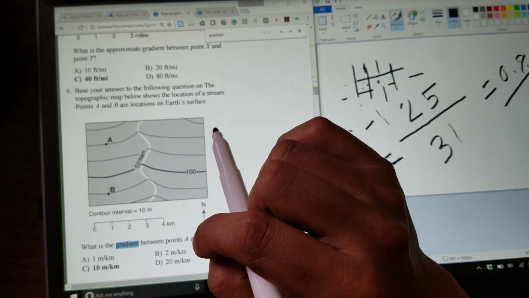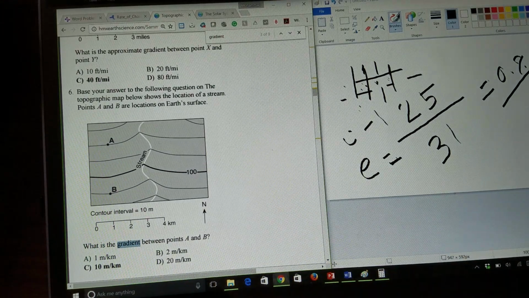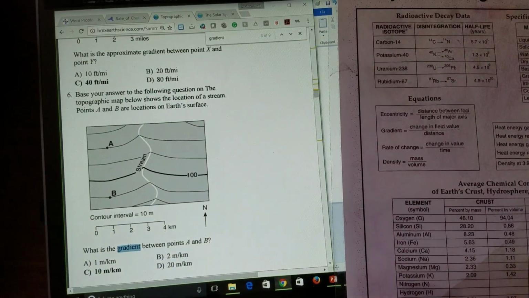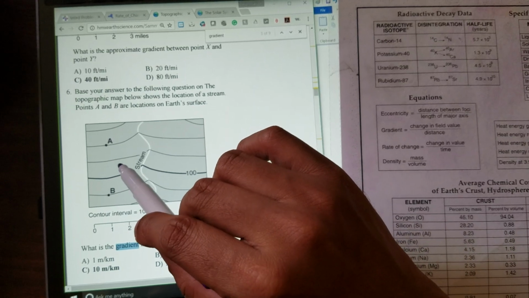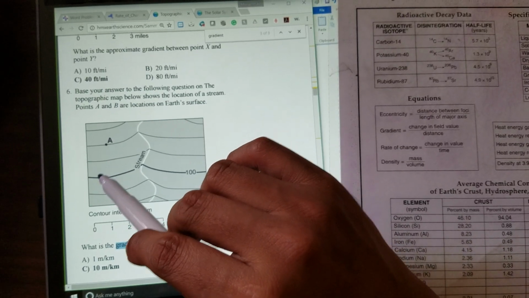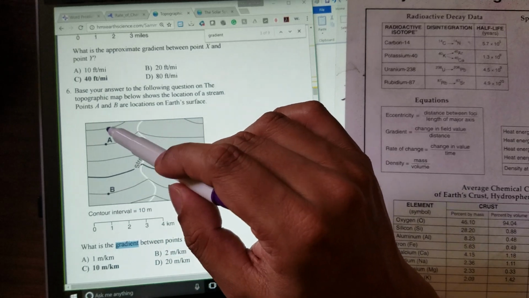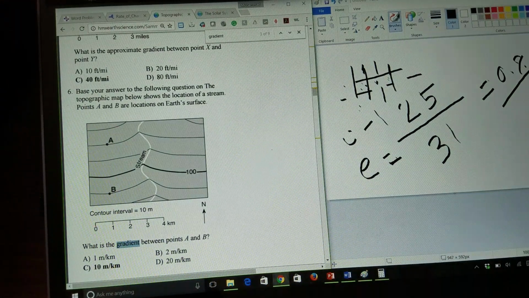So first of all, what is the change in field values? The field values are here, A and B. You started at 90 and you stopped at 120, so the difference is 30.